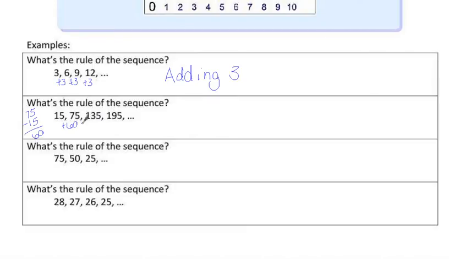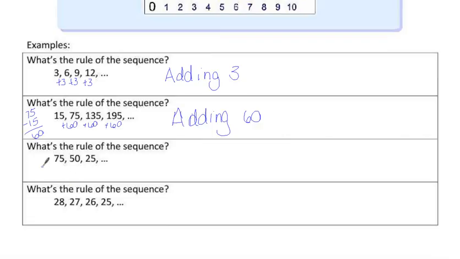And then if I do 75 and I add 60 again, it will be 135. Now the most important thing to remember with sequences is that you have to do the same thing every single time. So in this case, I have to be able to add 60 again for it to work, and in this case it does work. So the rule is adding 60.